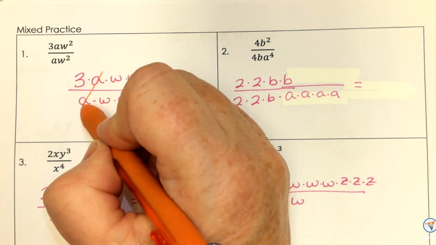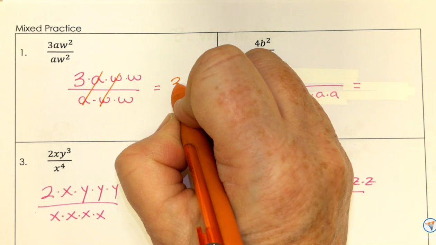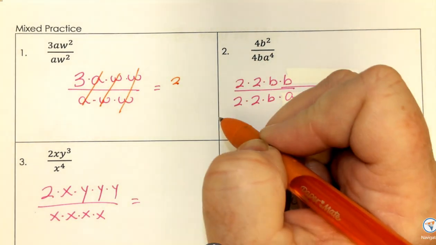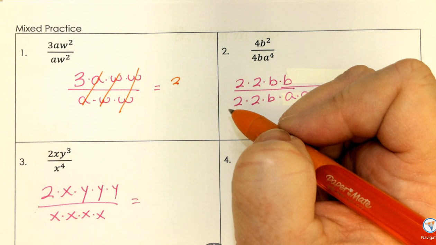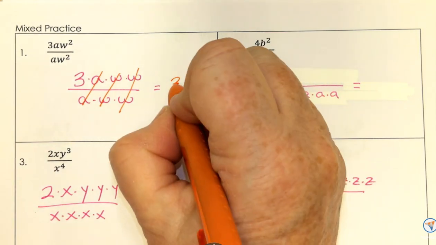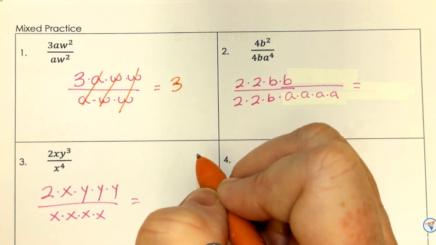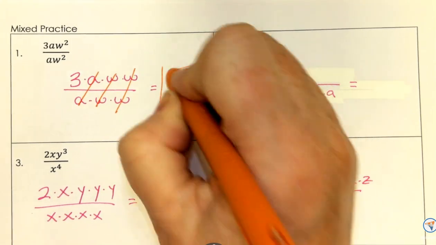All right, cancel, cancel. You should be left with one more cancel. You should be left with, nope, I just made a mistake. No, I didn't. What I'm left with is 3 on the top, nothing on the bottom, so it's just 3.